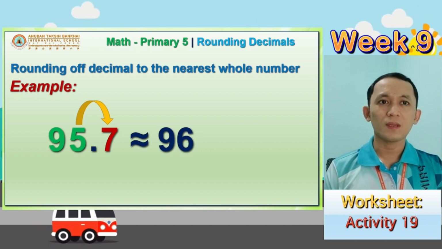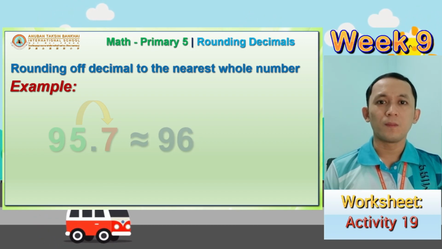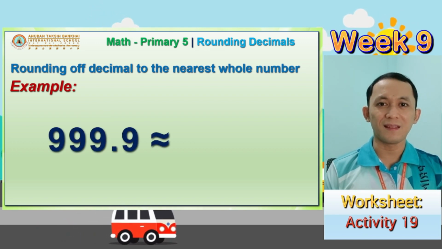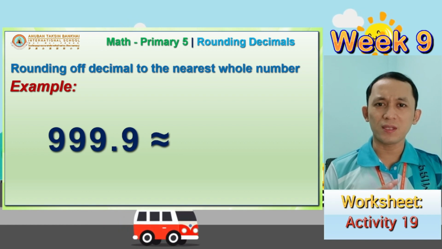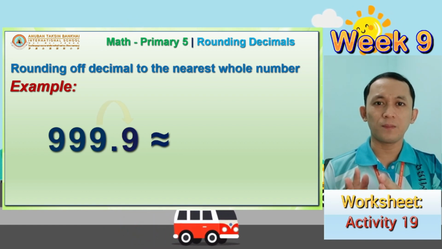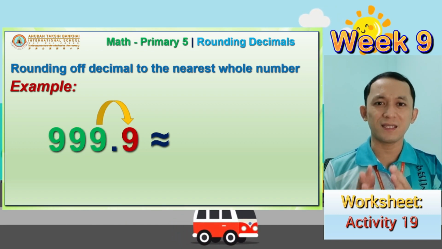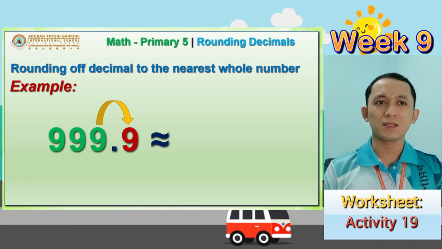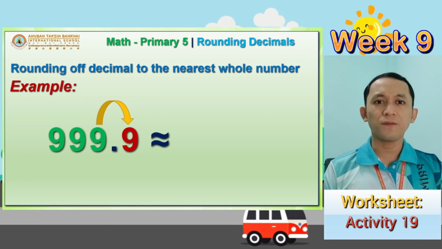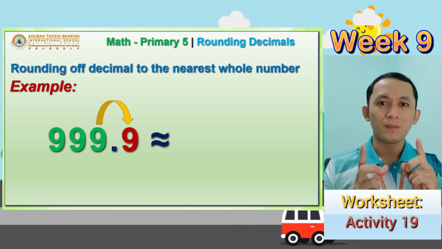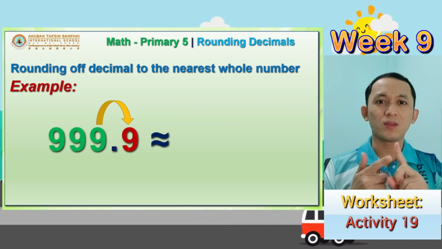Okay. Now let's have another example. Here we have 99.9. So what are we going to do? The same. We're going to check the whole number, 99, and then our digit on the right side, which is 9. Since it is 9, we are going to round up. We are going to add 1.